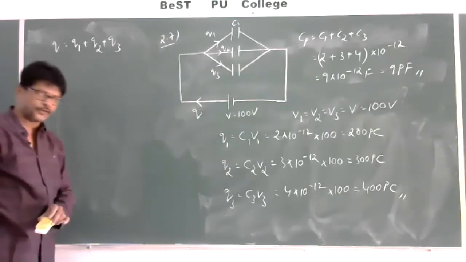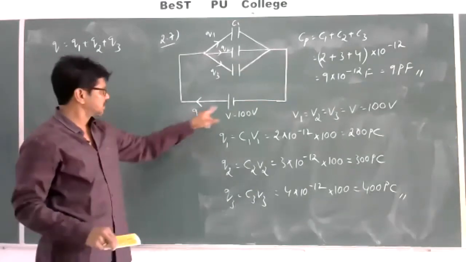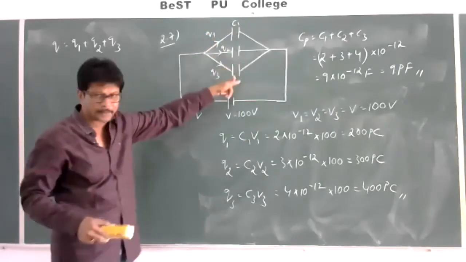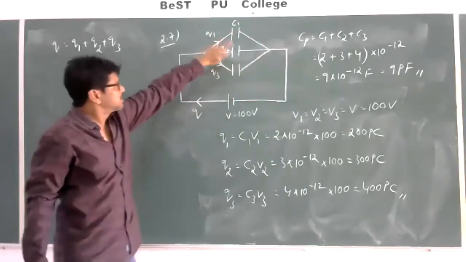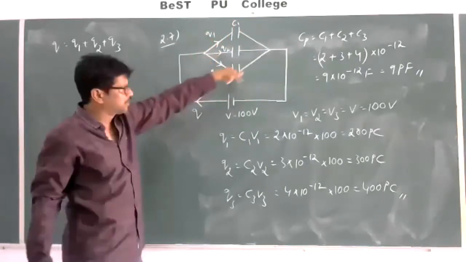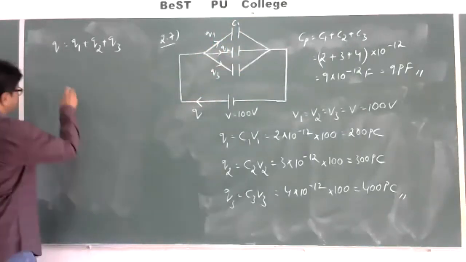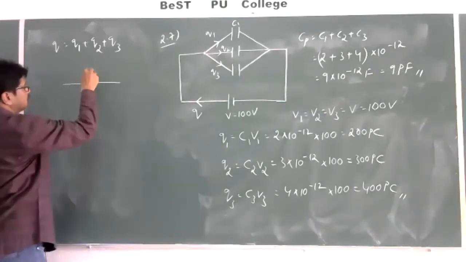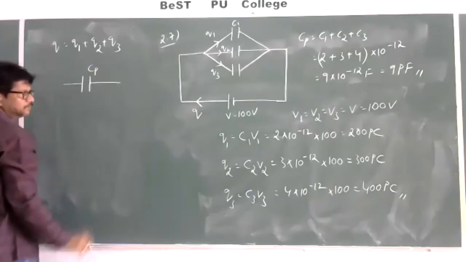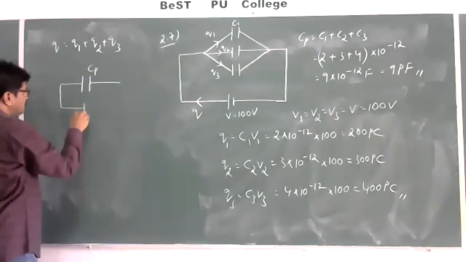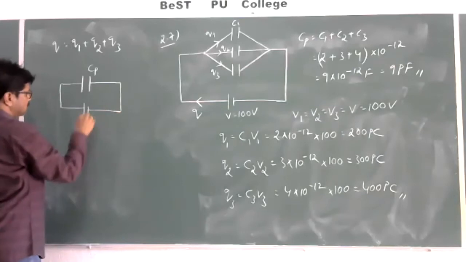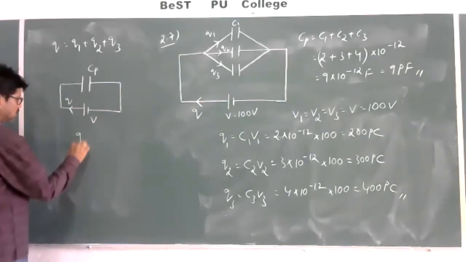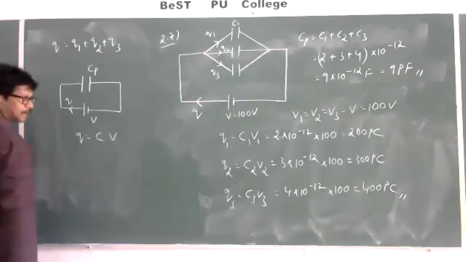As we know, the charge coming from the source does not depend on either of the capacitors, it depends on the entire combination. That is nothing but, I am taking the effective of all the three now, which is equal to Cp. This is V, this is Q. Then Q is equal to CV is the formula.